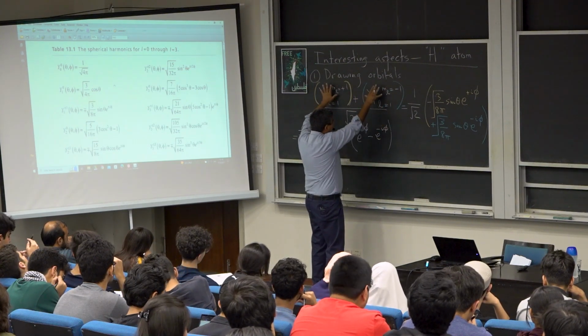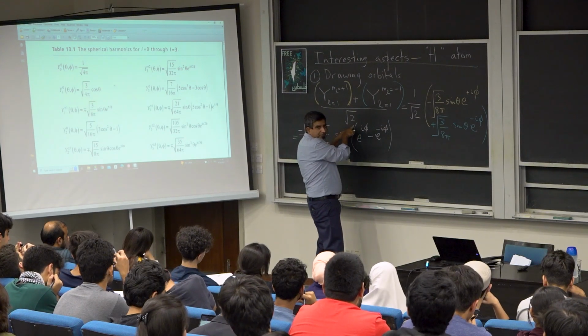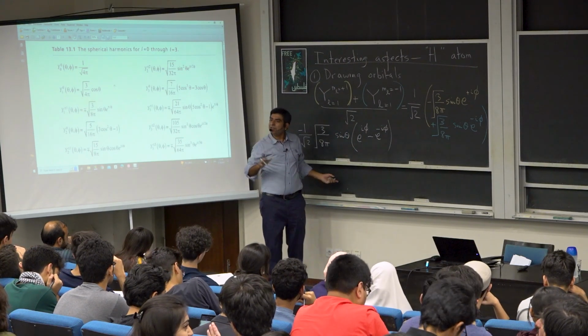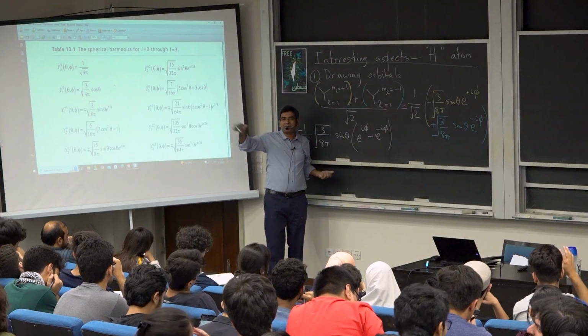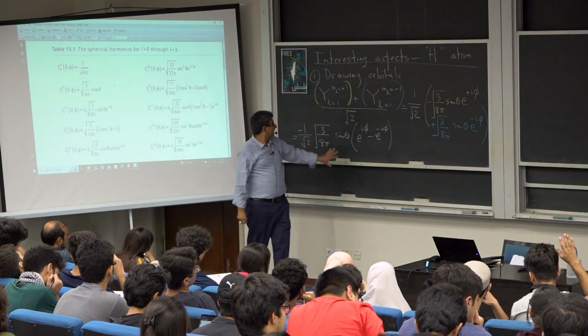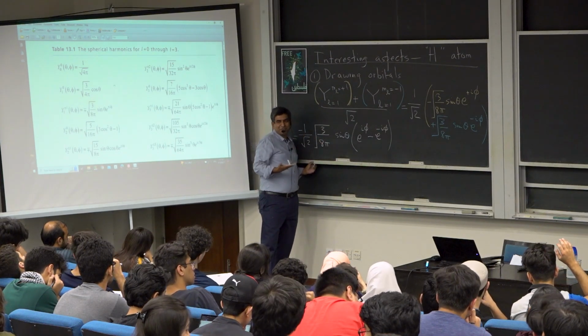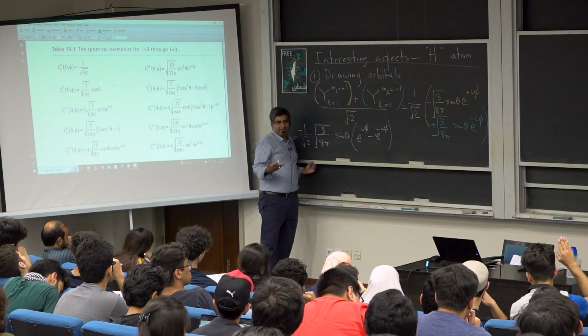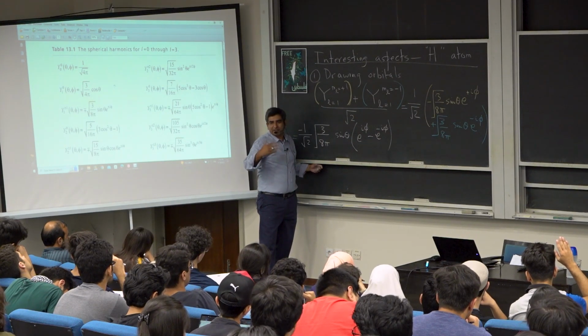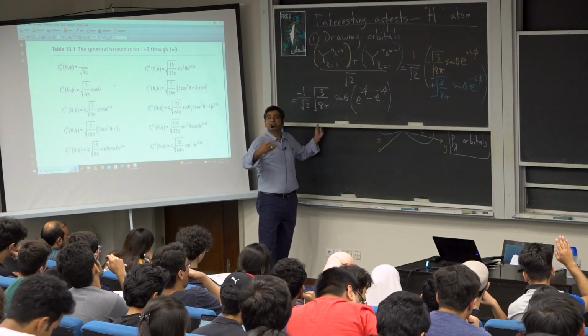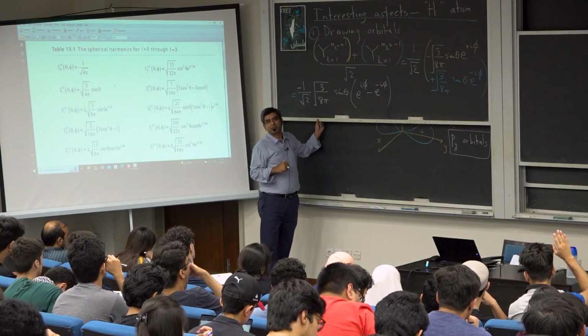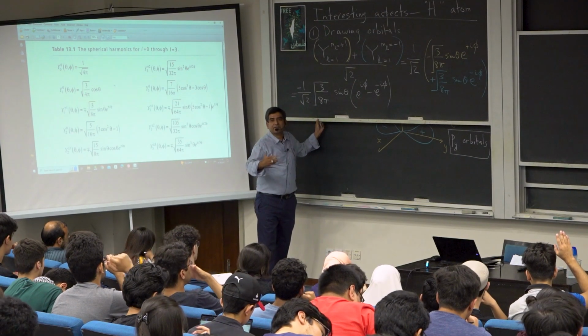I want to add equal amounts of these two, so I put in a square root 2. Alright, so far so good. By the way, when I'm plotting these orbitals, this magnitude isn't really showing up anywhere. It's just the size of the orbital, and I don't care about this. I'm just plotting shapes. Orbital means shapes.